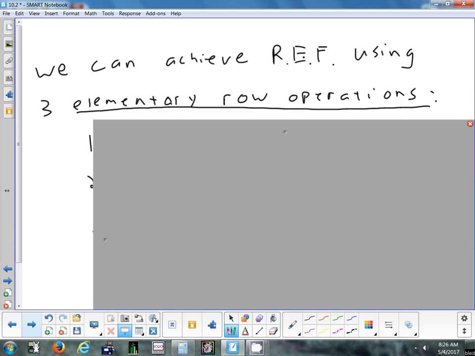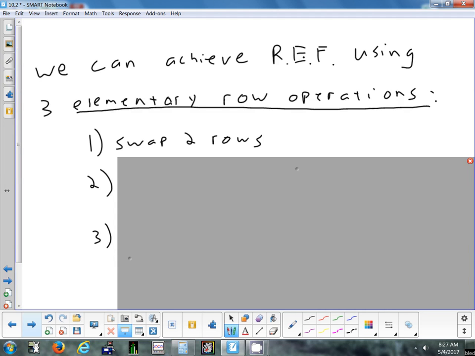Now, these operations affect other things that we are not talking about. So we don't have to worry about them for our purposes. But I'm just letting you know that what we're about to do, if you were looking for more than just the answer, and there is other stuff you could look for, these operations might mess up some of that other stuff. Okay, but they're not going to mess up what we're looking for.